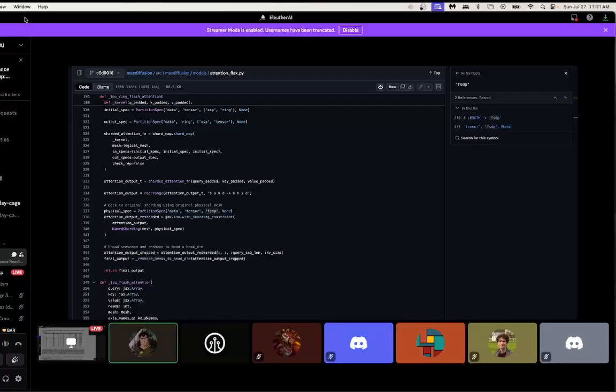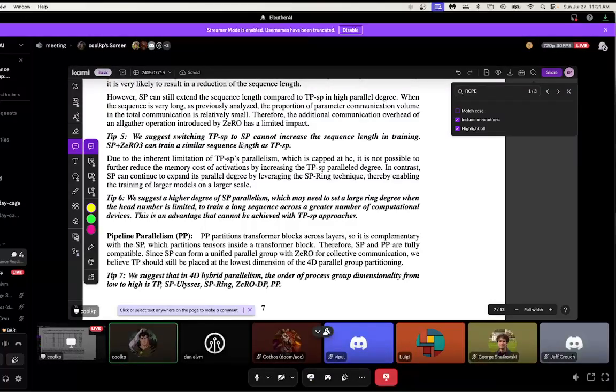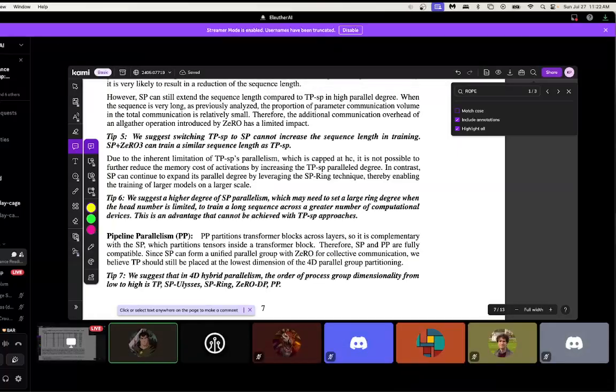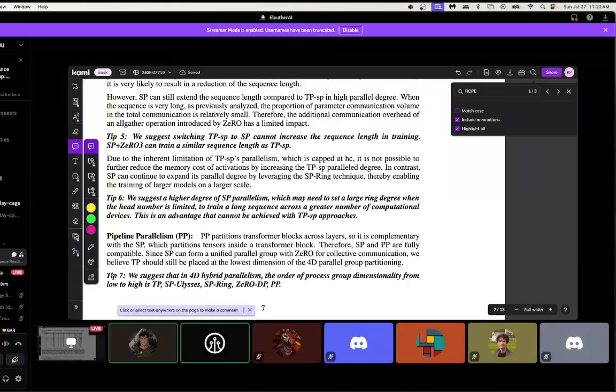If you're curious, for my case I have 40 heads and a head dimension of 128, so a 5120 model dimension, and 80,000 sequence length. I originally had the all-gather way, and that performs slightly better than doing ring and USP.